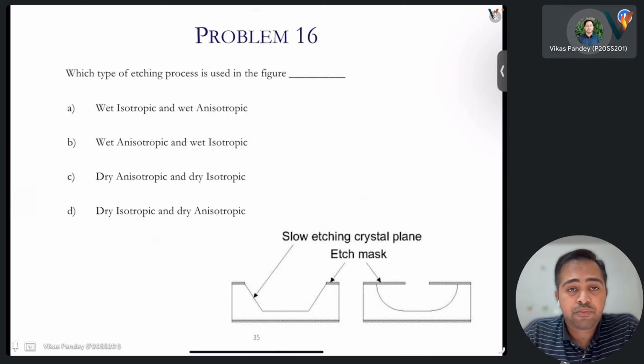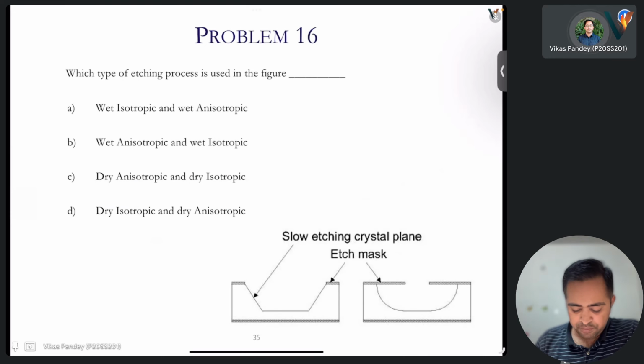Which type of etching process is used in this figure? So the first one, a slanted structure is formed, though the mask is still here. Ideally it should have been etched till here, that is what we ideally think.